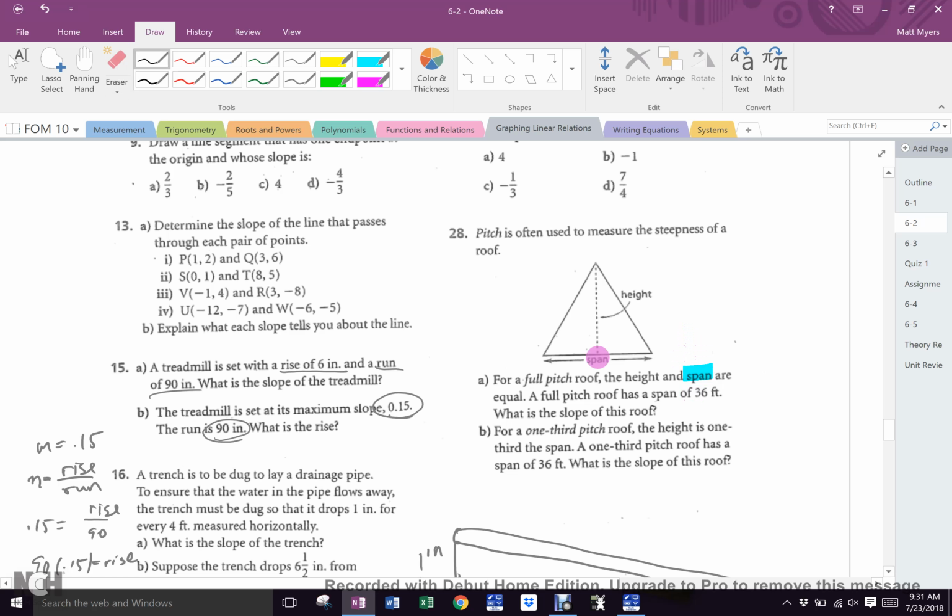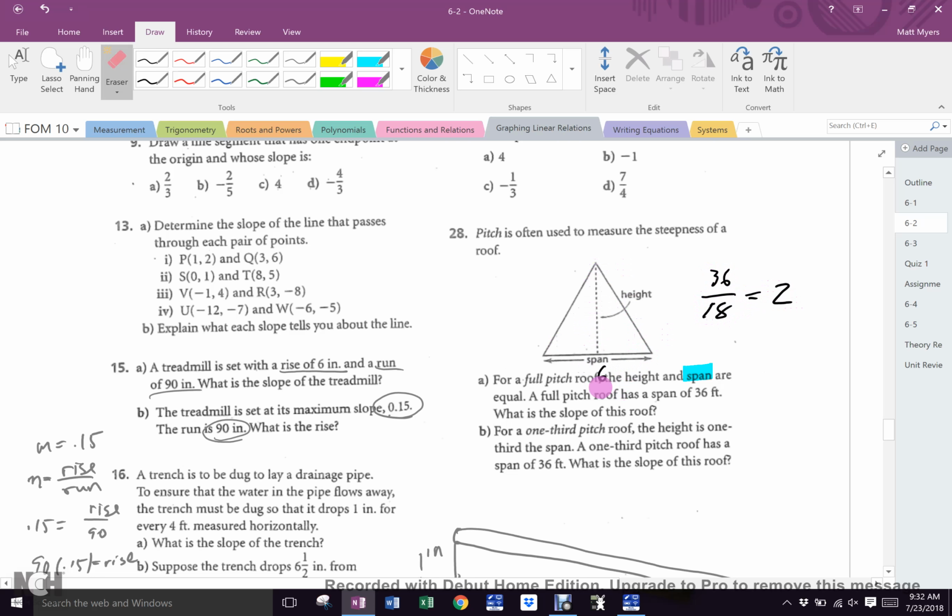Well, if the span down here is all 36, that makes this 36, correct? Because in a full pitch roof, the height and the span have to be the same. But slope is rise over run, correct? The rise is 36. What's the run? Half of 36, which is 18. So 36 over 18, which is a slope of 2.